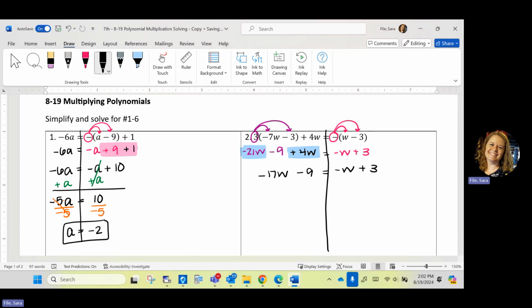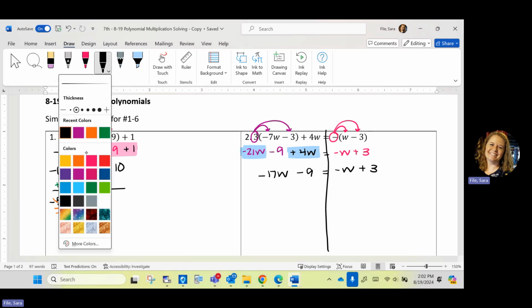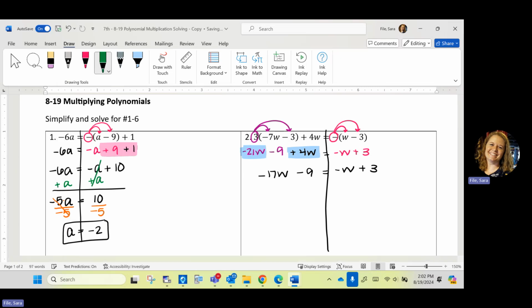I'm ready to start moving terms across that equal sign to get my variables to one side, my constants to the other. Okay, a lot of people always want to move variables to the left. That's great. You can do that every time if you wanted to, but you don't have to. You can move the variables to the right and the constants to the left.